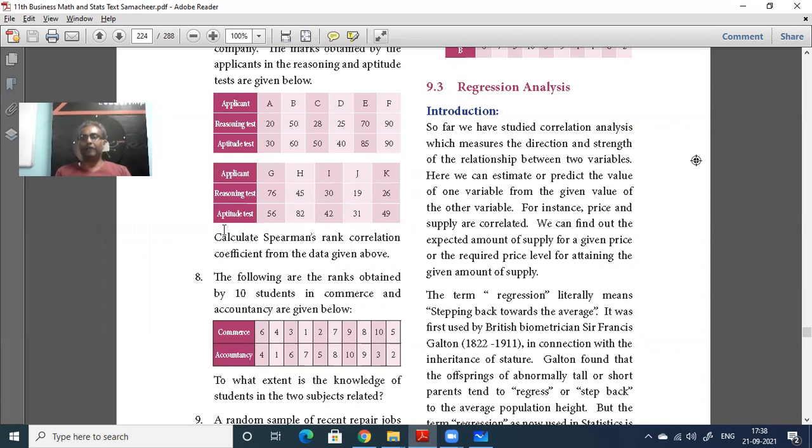Okay. Then we can estimate or predict the value of one variable from the given value of the other variable. Okay, like that, price and supply or price and demand. If price grows up, the demand will go down. How much if price goes up, the demand will go down, or how much if demand increases, the price goes down. Like that you can find out.